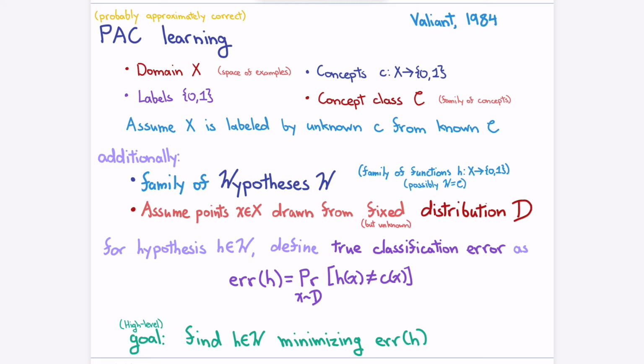And I think our results will often have the form of: if there is a hypothesis with small error, we can do this. Or if there is a consistent hypothesis, then we can do this. So I think all of our positive results will be as if you're promised there's something good.